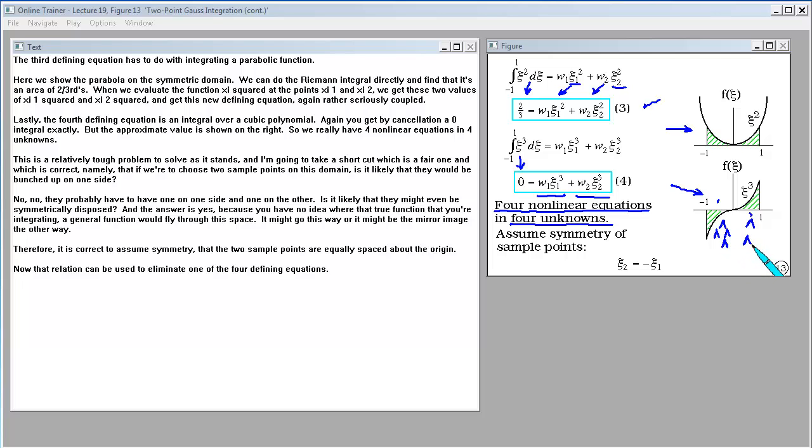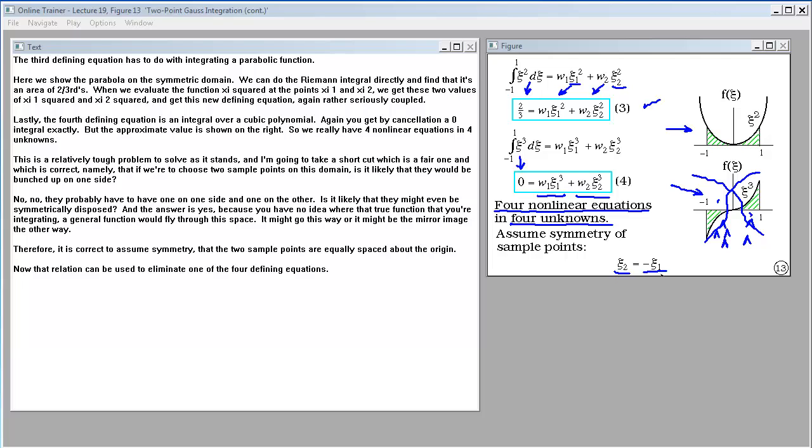And the answer is yes, because you have no idea where a true function that you're integrating, a general function, would fly through this space. It might go this way, or it might be the mirror image the other way. Therefore, it is correct to assume symmetry, that the 2 sample points are equally spaced about the origin.